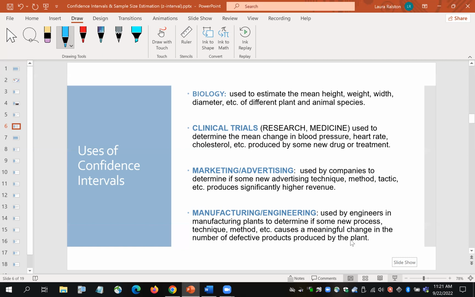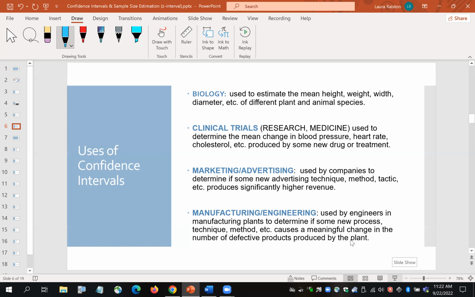Or even in manufacturing and engineering, engineers use it to determine if some new process or technique causes a meaningful change in the number of defective parts. Because obviously if defective parts can't be used, then that's costing the company money and therefore cuts into their profit margin. So they want to make sure that's not occurring. So that's just some uses of confidence intervals that you might see in the real world.